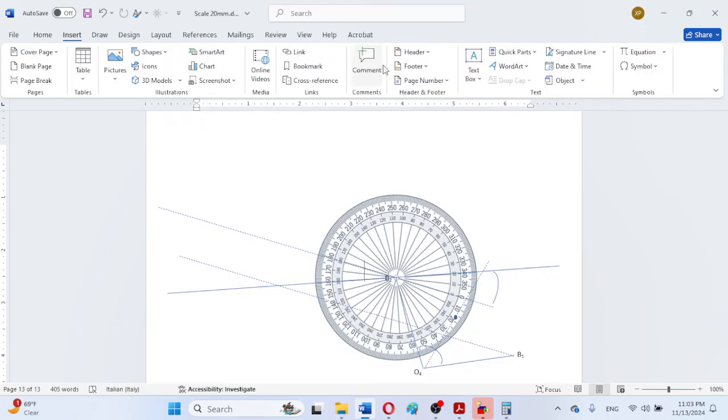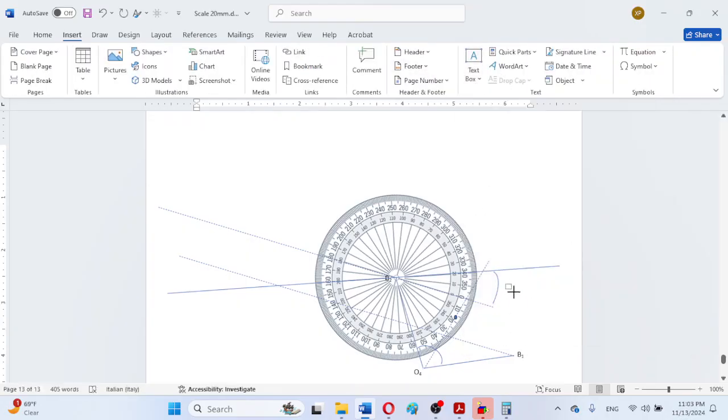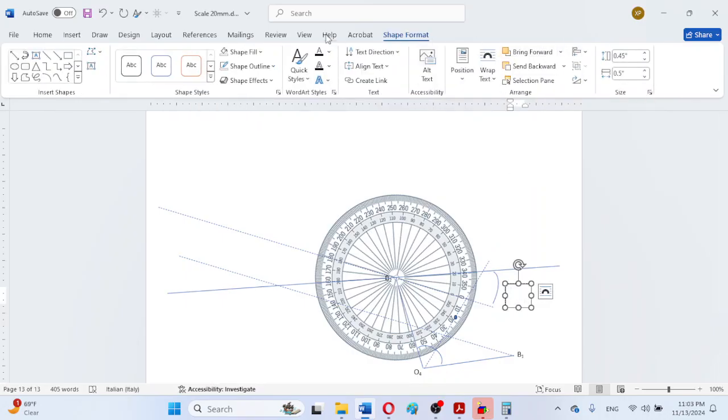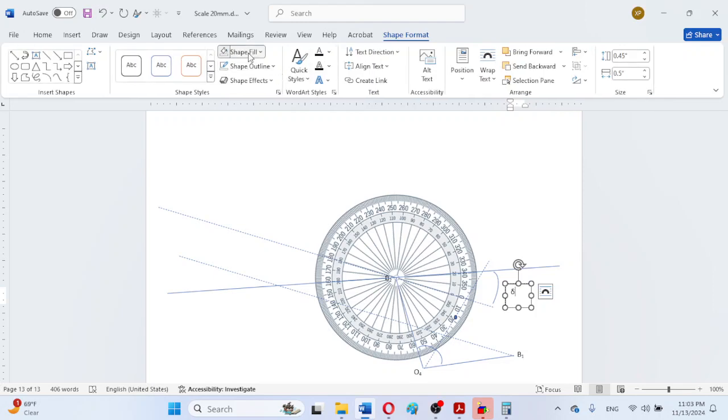So for example, use a text box here, and then you can insert the delta symbol here like this, and again shape format, shape fill, no fill, shape outline, no outline.